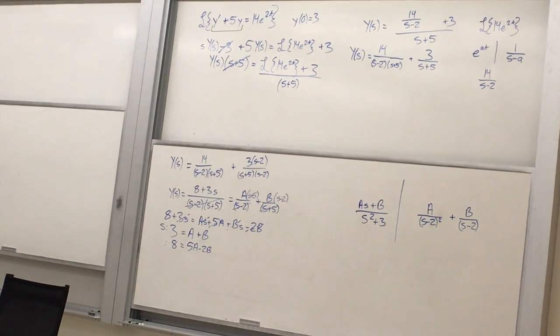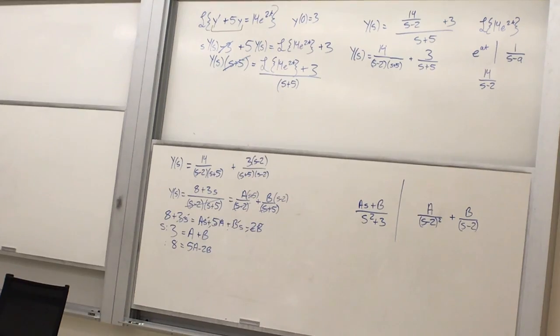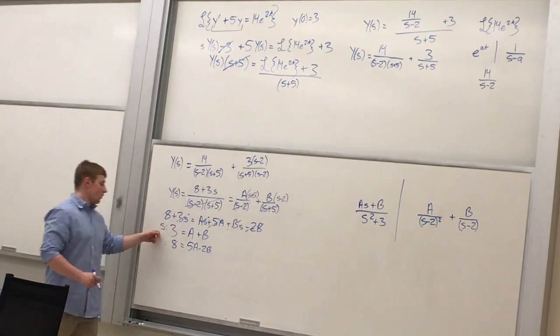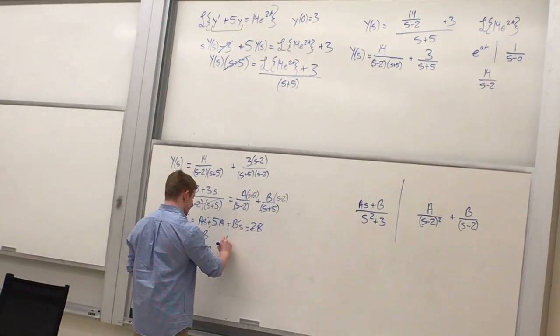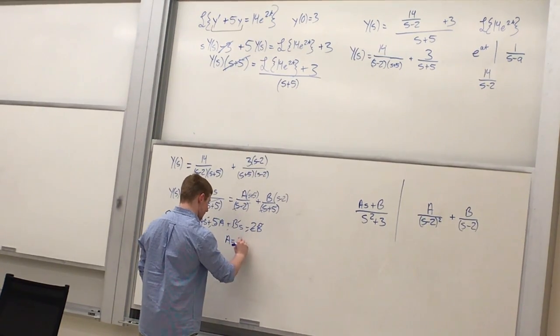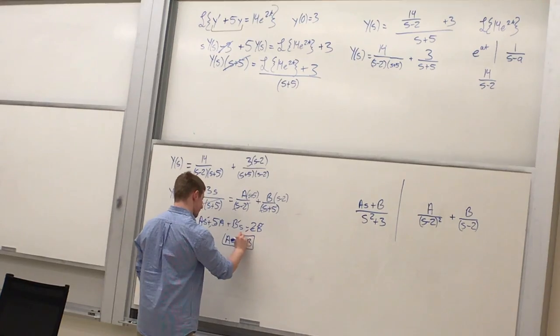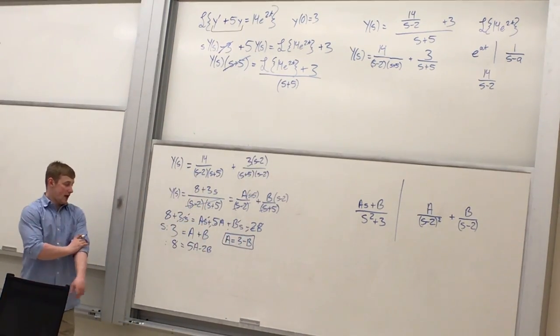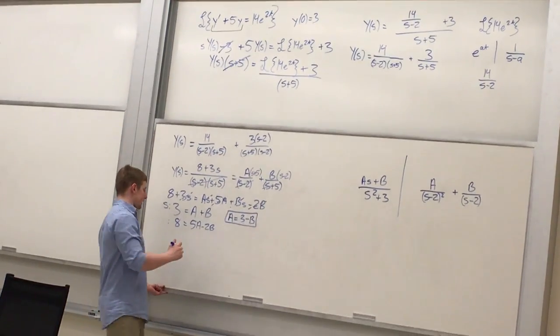And when I solve that system, I'll do it now. So when I solve this system, I know that I get a is equal to 3 minus b. And I take that, I plug it into down here.